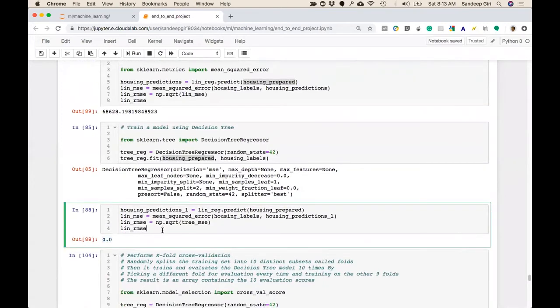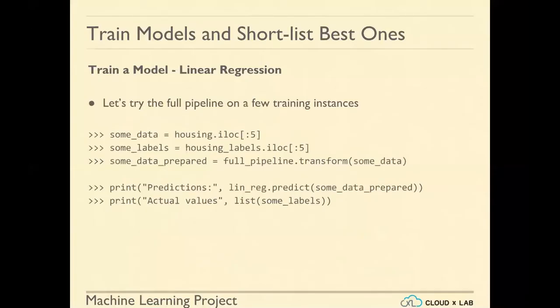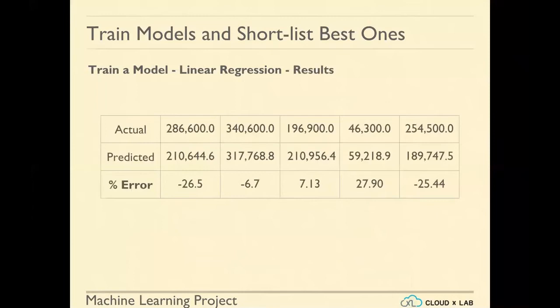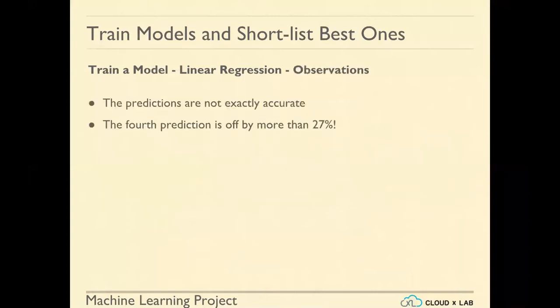Is everybody clear so far on what we're trying to do? So in the case of the linear regression model, the kind of error we're getting is this much for actual versus predicted. The predictions are not exactly accurate.